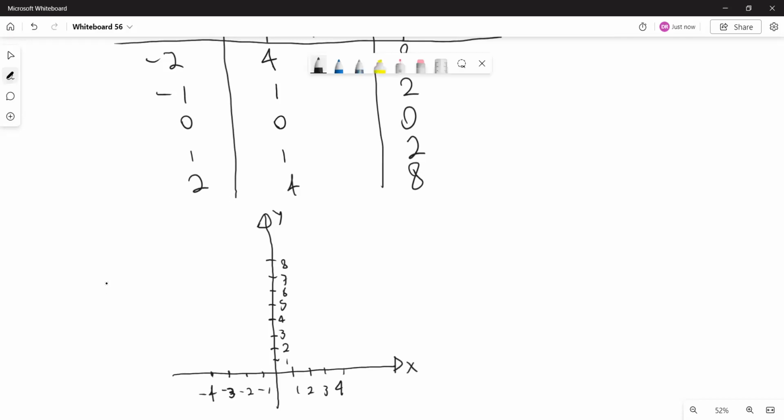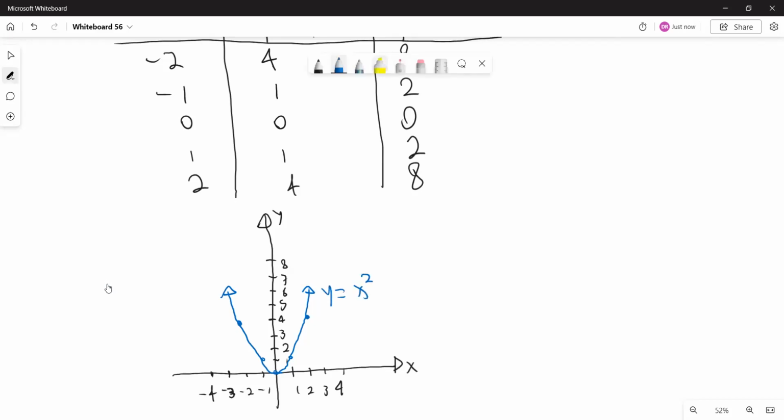Okay, the first function is x squared. So this goes through the points 0, 0, 1, 1, 2, 4, -1, 1, and -2, 4. So this is the graph of x squared.